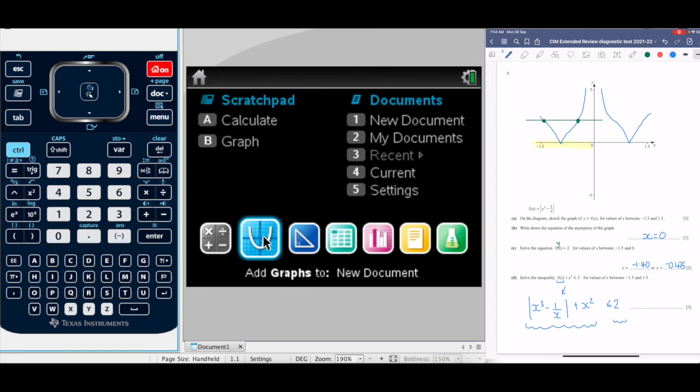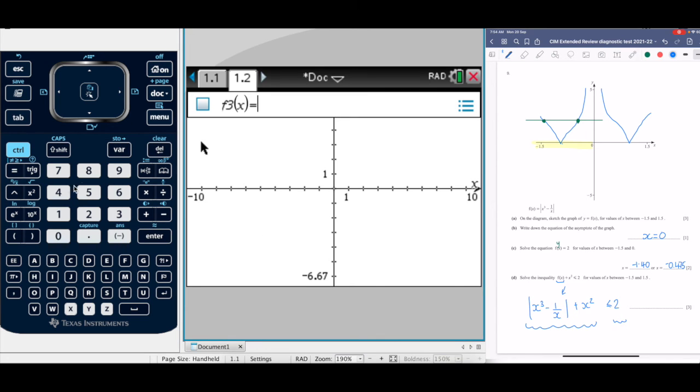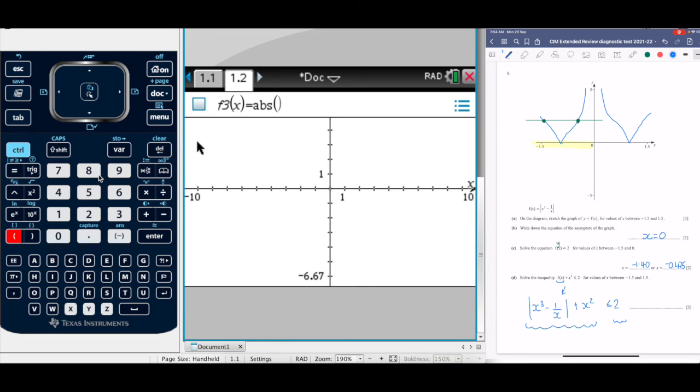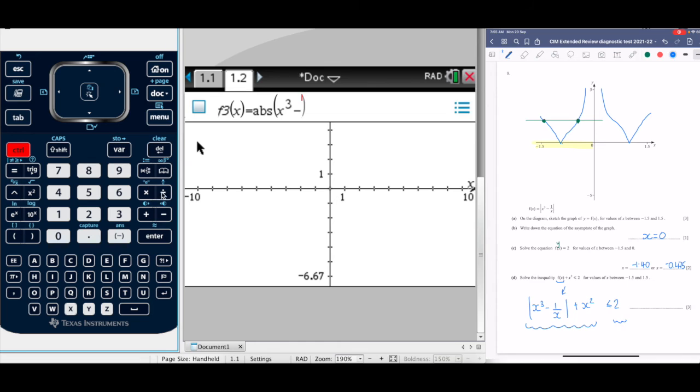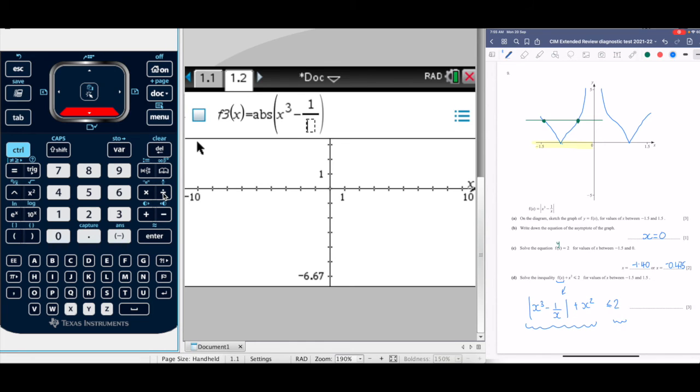So I'm going to open up a new graphing page, and again it's the absolute value of x cubed minus 1 over x plus x squared.